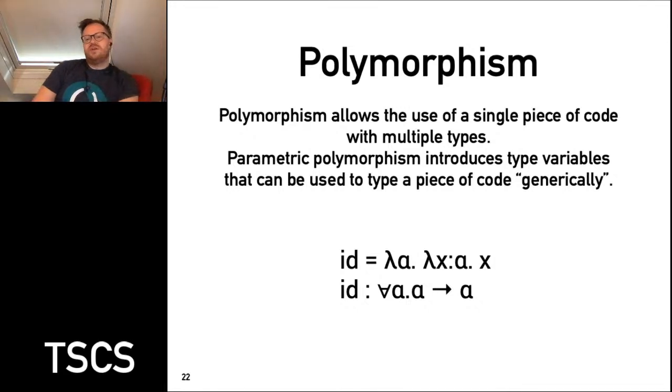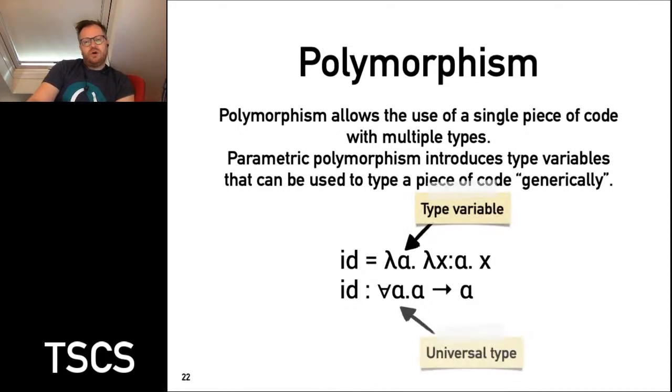We can just write a general identity function that works on all types. This is parametric polymorphism. And we call this a so-called universal type because there is a for all quantifier here. So for all types alpha, the type of ID is alpha to alpha.